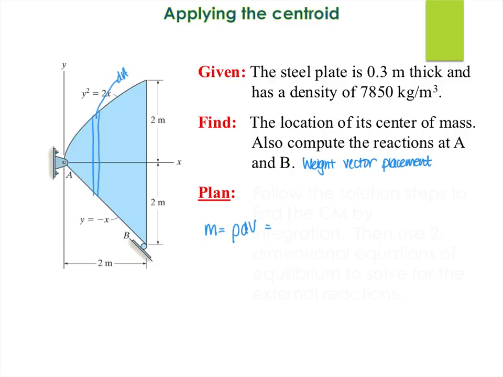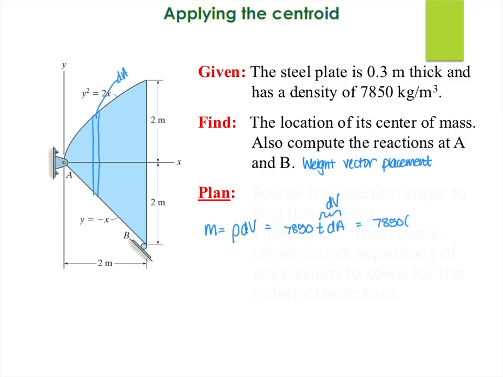The density is 7850. The volume is the thickness times dA. That's actually dV, and dA, which I just wrote.